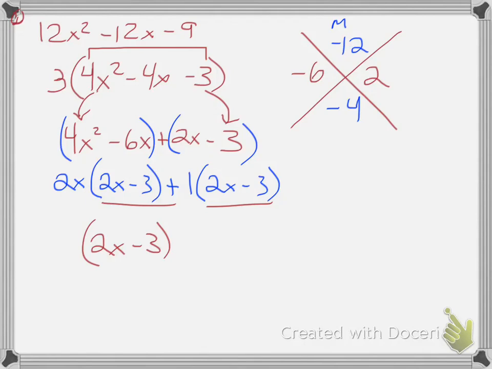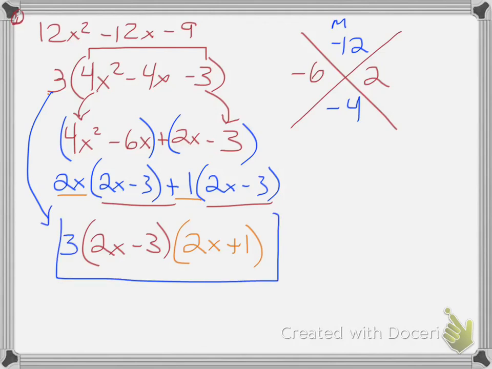And my second parentheses comes from what's in the front, 2x plus 1. Don't forget, I factored out the 3 at the beginning, so let's bring that down. And that's my answer, the factored form.